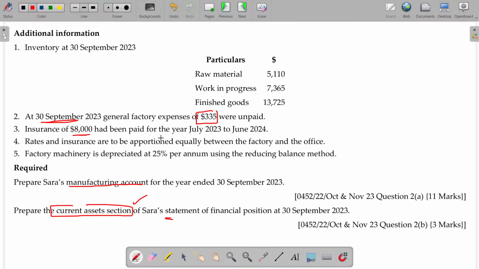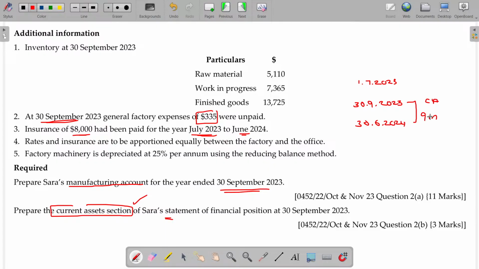Insurance 8,000 had been paid for the year July 23 to June 24. The payment being 1st July 2023 applicable up to 30th June 24. And year ends on 30th September 23. So the payment for this period seems to be in advance. This will be the other receivables, current assets. How many months? 9 months, right?